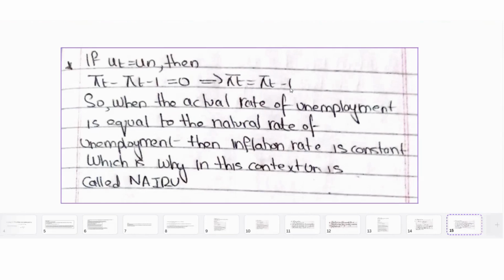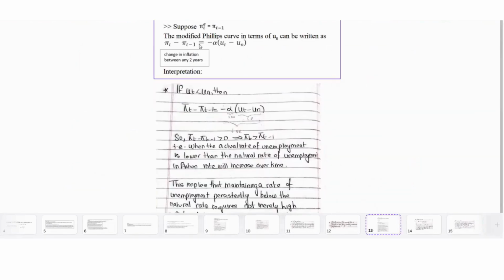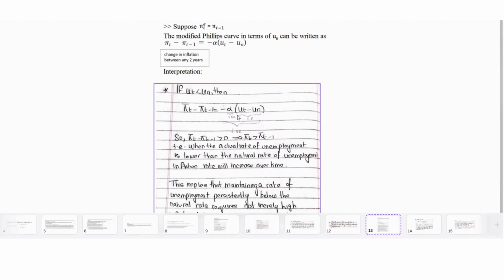Which is why, in the context of this accelerationist Phillips curve, un is called NAIRU, the non-accelerating inflation rate of unemployment. Because when you're looking at the modified Phillips curve, if ut is less than un, you will have increasing inflation. If ut is greater than un, you will have decreasing inflation. It's only when ut is equal to un that inflation will be constant. So in this context, the natural rate of unemployment is called the NAIRU, non-accelerating inflation rate of unemployment.